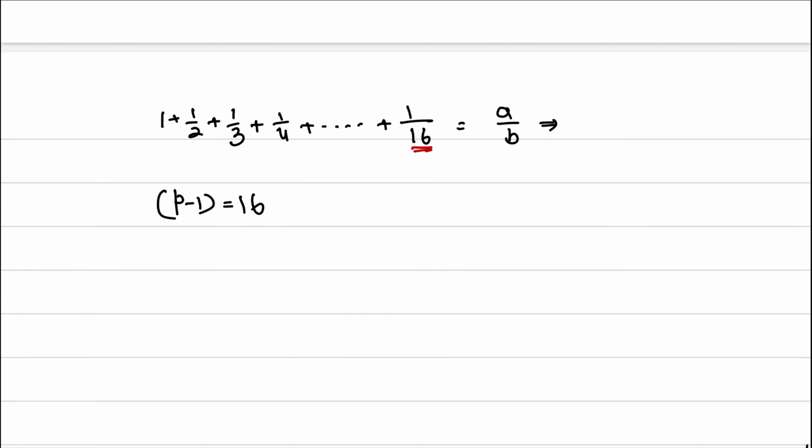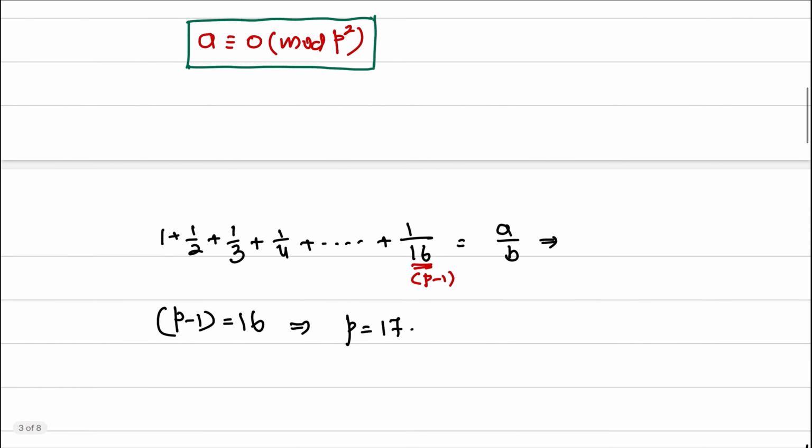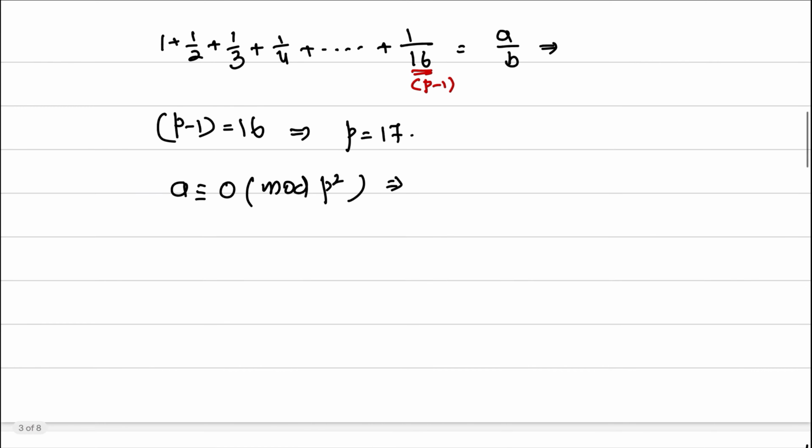This value is p minus 1, that implies p is equal to 17. As per Wolstenholme's theorem, a is equivalent to 0 mod p square, that implies a is equivalent to 0 mod 17 square.